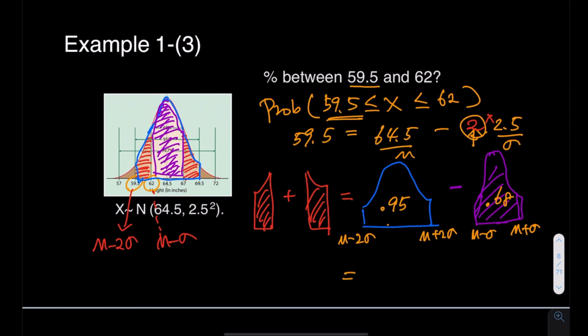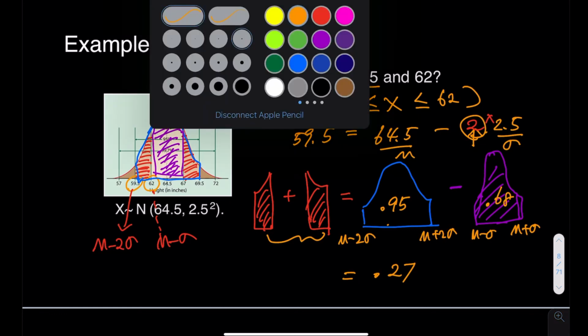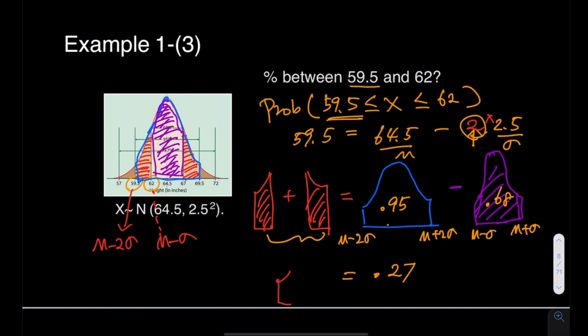So if you subtract these two numbers, what you get is 27%, so 0.27 is the answer. Now what are we looking for? We are looking for not two of them, just one of them. Therefore, the one area that we are looking for equals 0.27 divided by 2. Therefore, it is 0.135 or 13.5%.